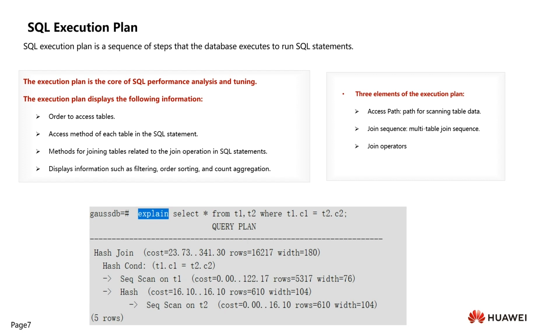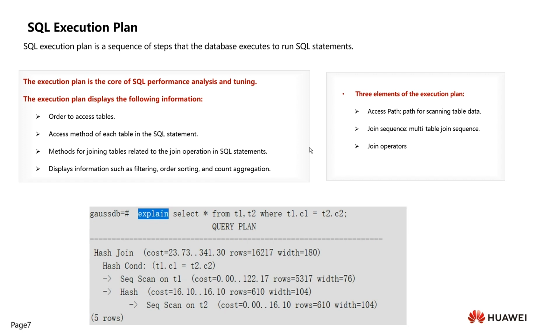The execution plan displays the following information: the order we use to access tables, the access methods for each table in the SQL statement, and the methods for joining the tables, and it displays information such as filtering, ordering, sorting, and count aggregation.